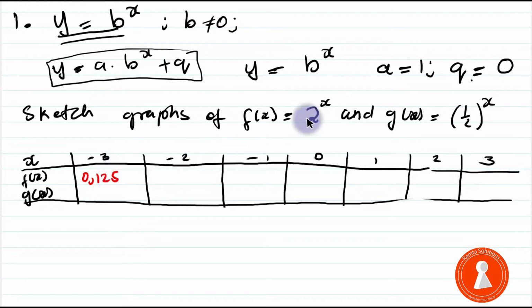And then 2 to the minus 2 would be 1 over 4, so it's 0.25. 2 to the minus 1 would be 1 over 2, so it's 0.5. 2 to the 0 would be 1. 2 to the 1 is 2. 2 to the 2 is 4. 2 to the 3 is 8.